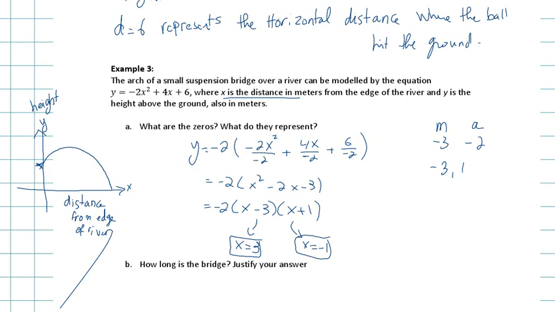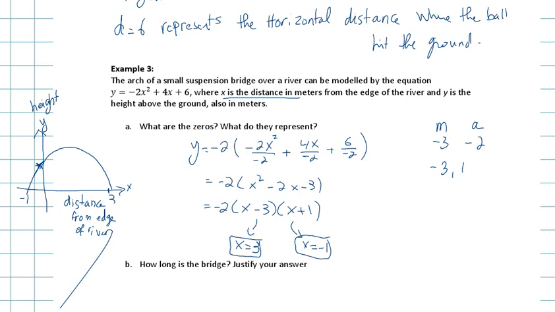let's go back to my sketch. So this is the edge of the river, right? So the bridge is going to suspend to 1. Right here is negative 1, right? And right here is 3, right?